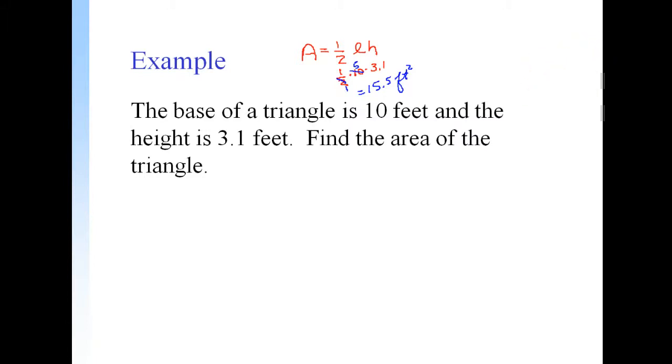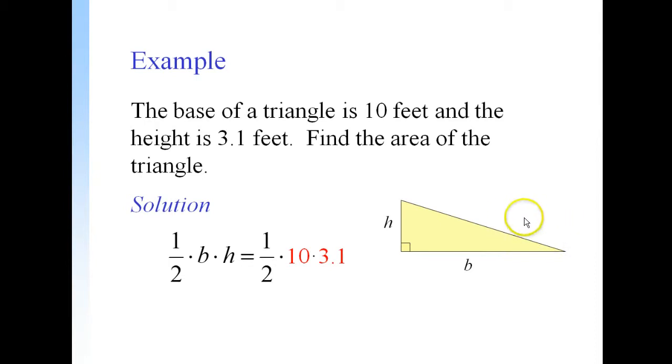And then our next few slides, they actually show it. So it's 1/2 the base times the height, and you could do some canceling here, and there's our answer. And you want to identify the answer in most cases.